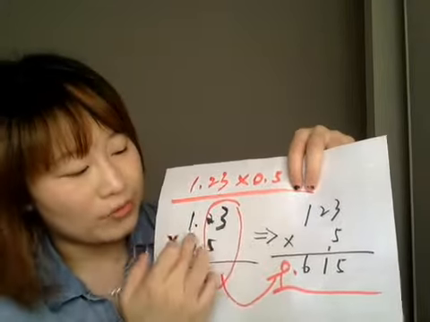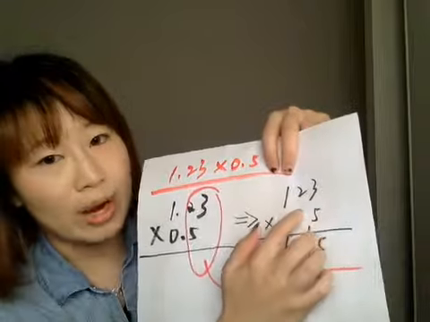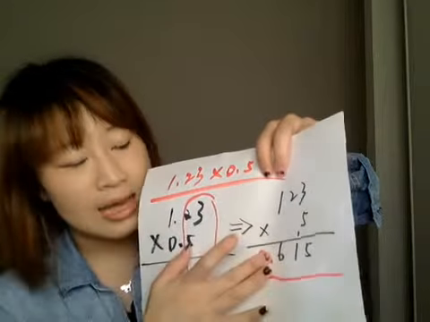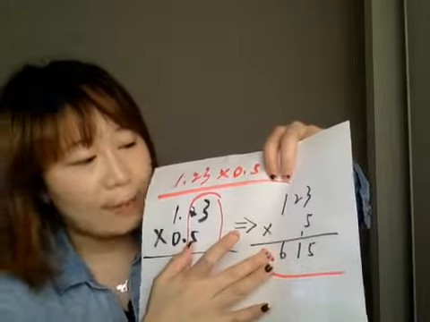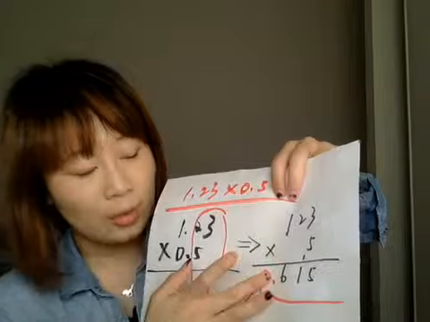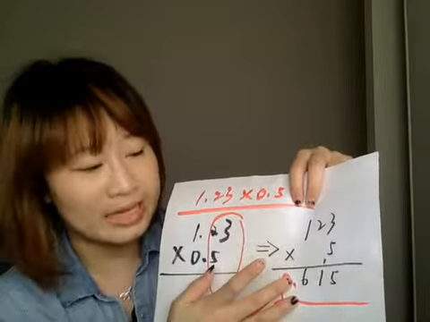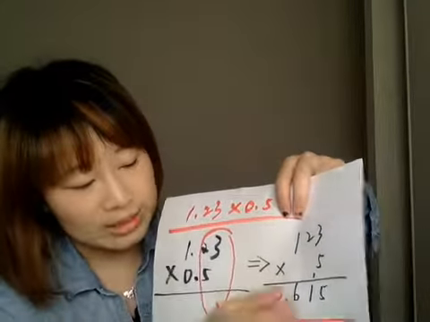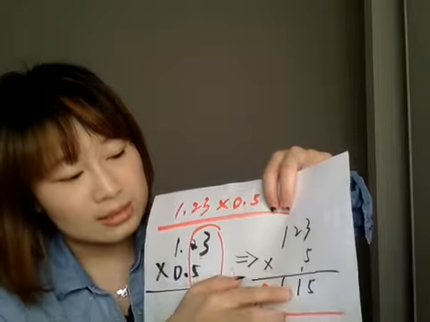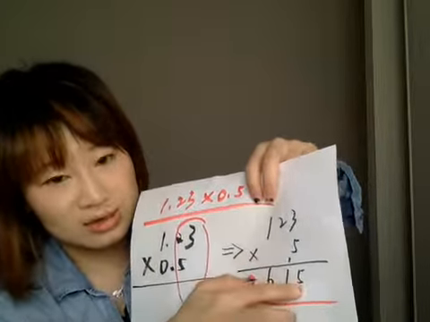If we remove the decimal point, we get 123 times 5, and we get the answer 615, but it's not our final answer. We still need to correct to the third decimal place. So this is the first decimal place, second decimal place, and this is the third decimal place.